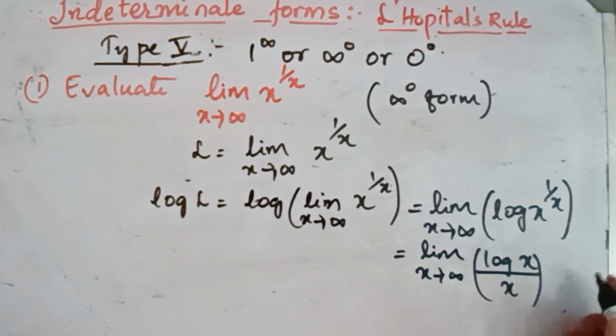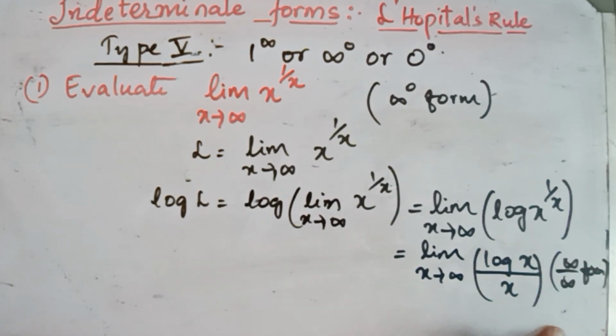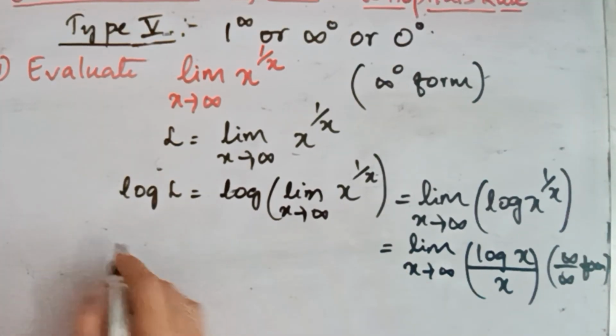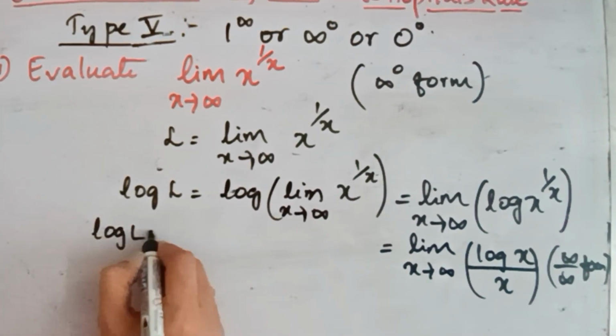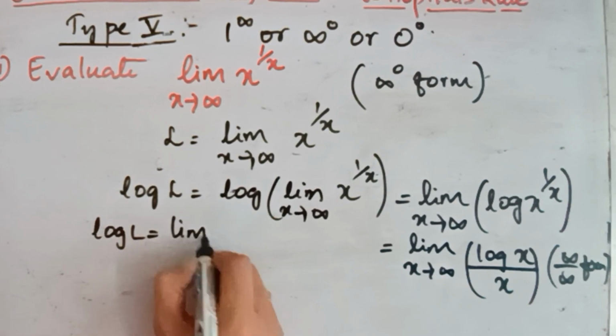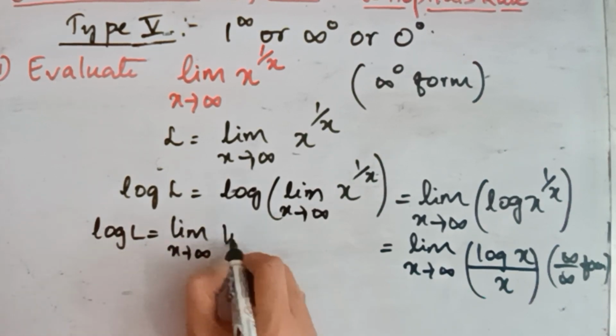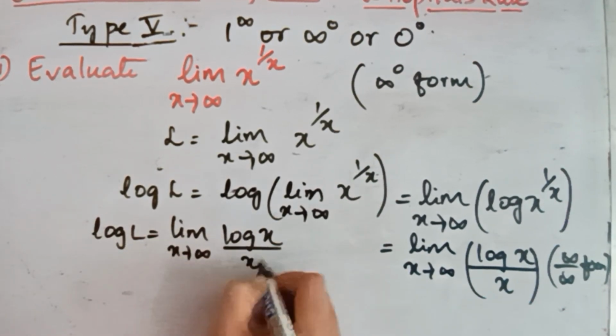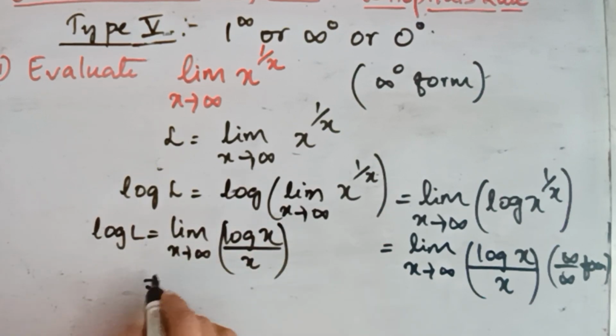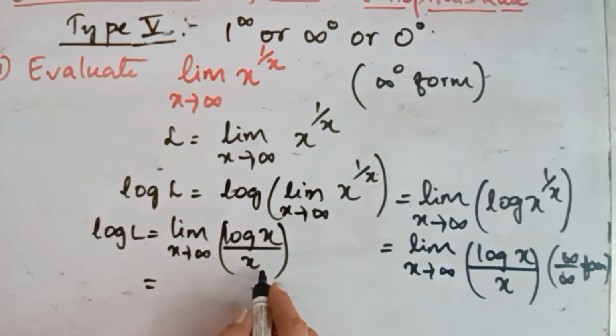Now when you apply the limit, it gives you infinity by infinity form. So apply L'Hospital's rule to get the value of the limit. So I will write here, we have log L equal to limit x tends to infinity log of x divided by x. Now differentiate numerator and denominator separately.